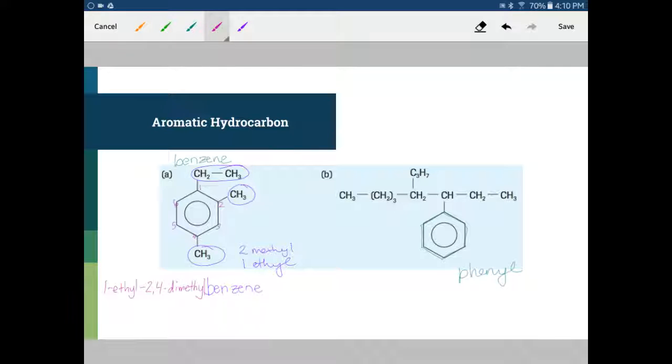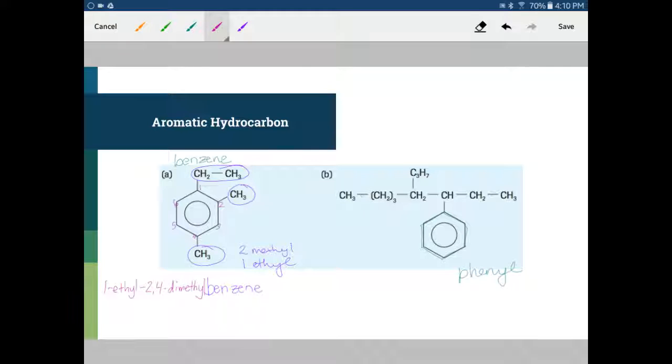Okay, so our naming system for these aromatic compounds isn't too crazy or complex. Again, if our longest parent chain or our main component is the benzene ring with branches coming off of that, it is listed as a benzene, whereas in our example B, we have a phenyl. So how do we name this?